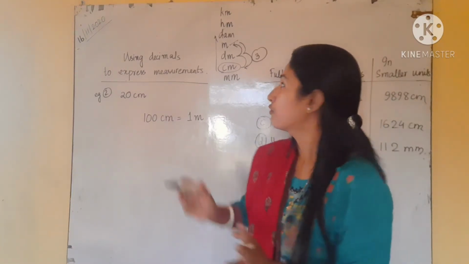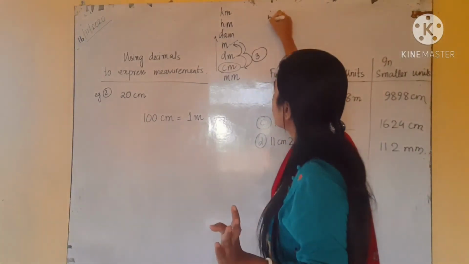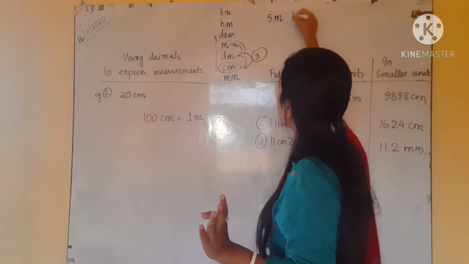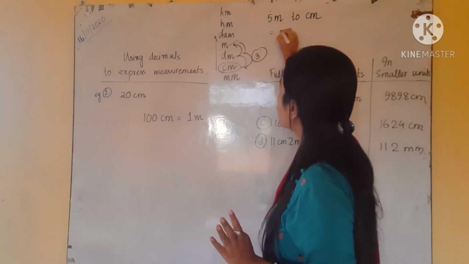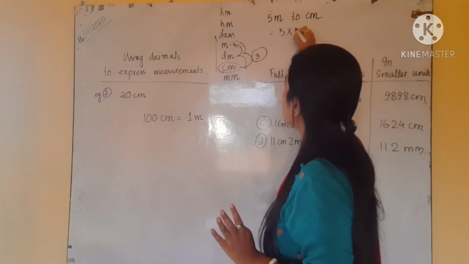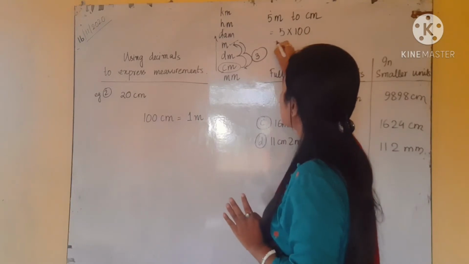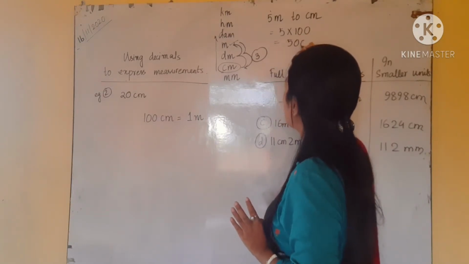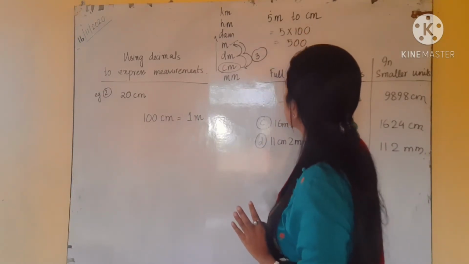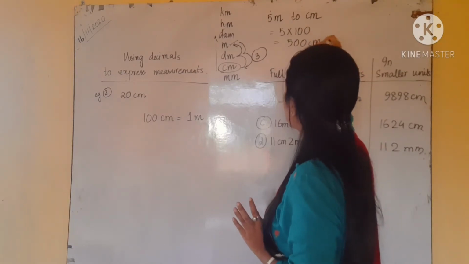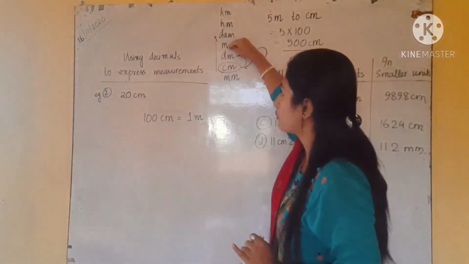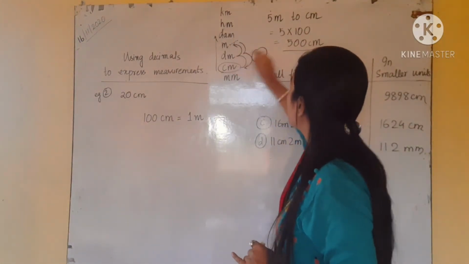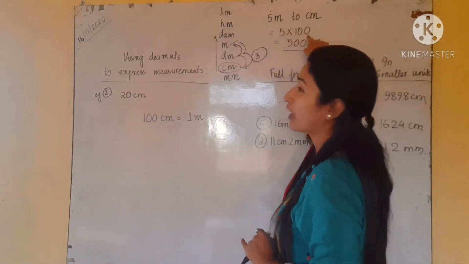So if we want to convert 5 meter to centimeter, we have to go downward, that means we multiply 5 with 100. It becomes 500, so 5 meter is converted to 500 centimeter. So if we want to convert from meter to centimeter, we have to multiply the given number by 100.